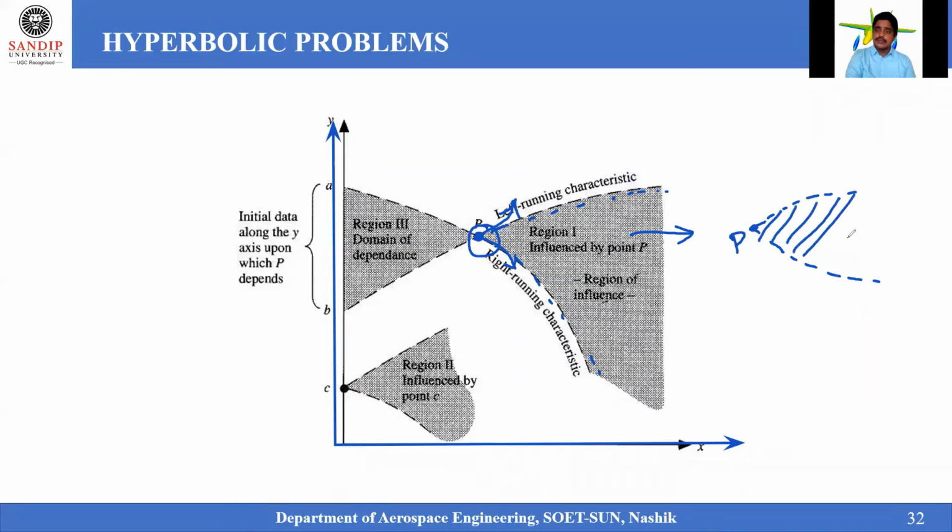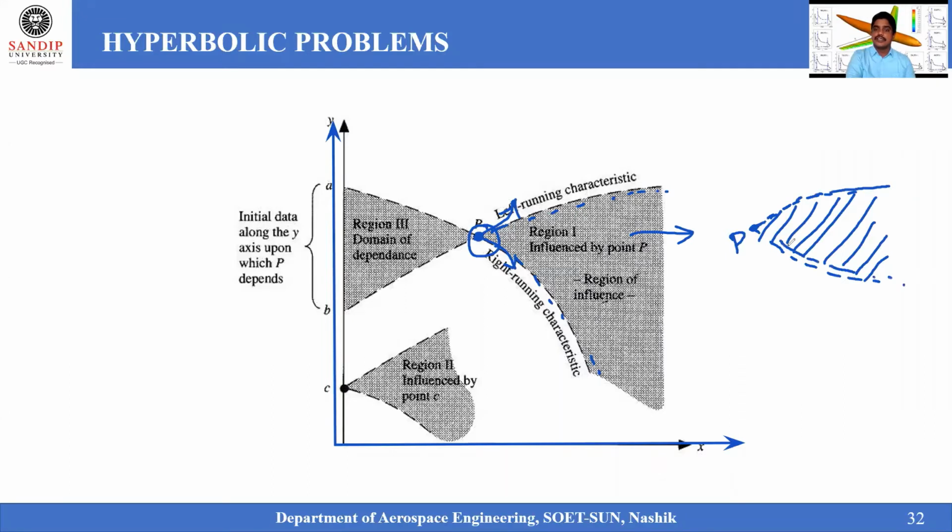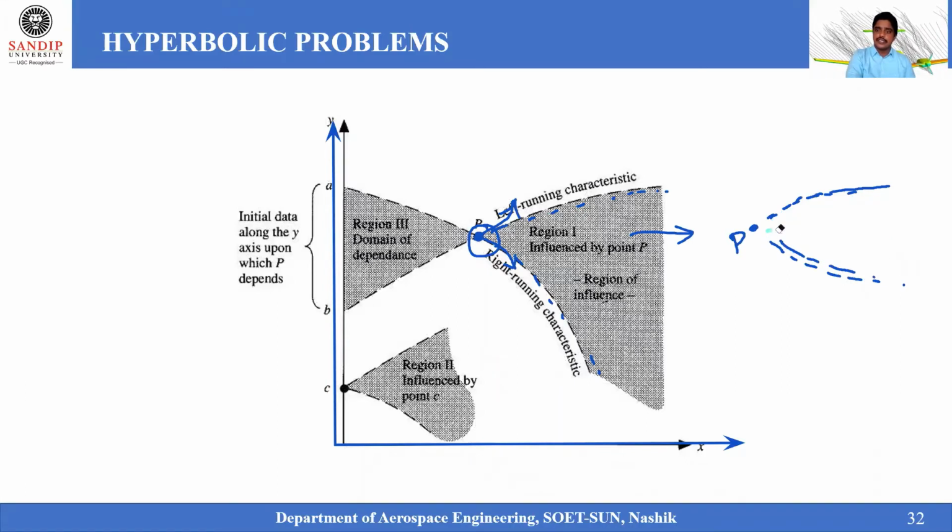Now, what exactly are these characteristic lines? These characteristic lines talk about the behavior of the fluid. When the behavior of the fluid is concerned from a point P, one direction is upwards and another direction is downwards. What is this point telling us about fluid behavior?